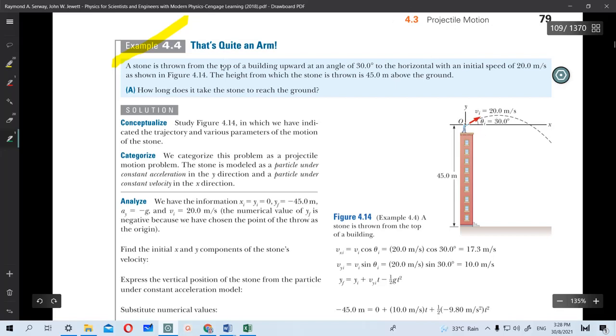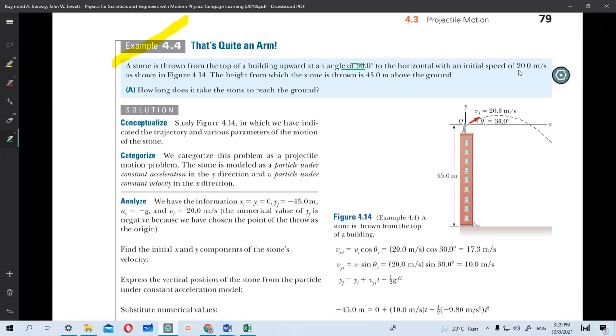Right, a stone is thrown from the top of a building, as indicated, 45 meters high. The angle of the initial velocity is 30 degrees to the horizontal. This is the horizontal, so right above the horizontal, 30 degrees. The speed is 20.